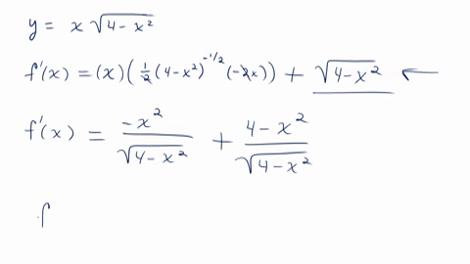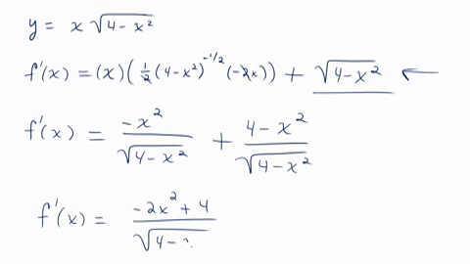So our derivative, f prime of x, would equal -x squared plus another -x squared, which is -2x squared plus 4, over the square root of 4 minus x squared. So there's f prime of x.